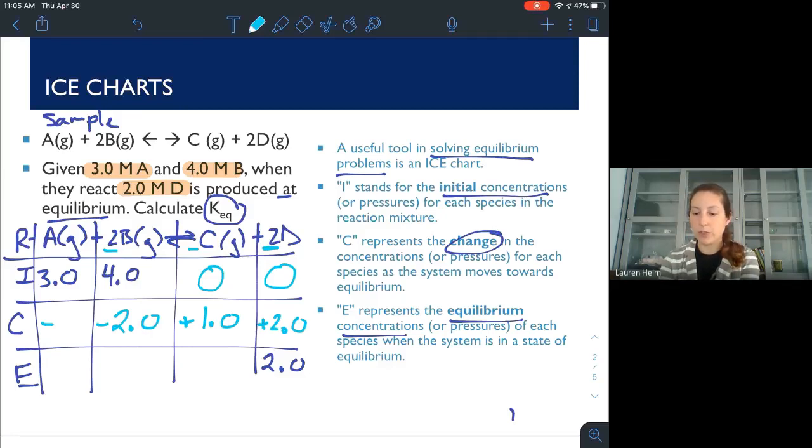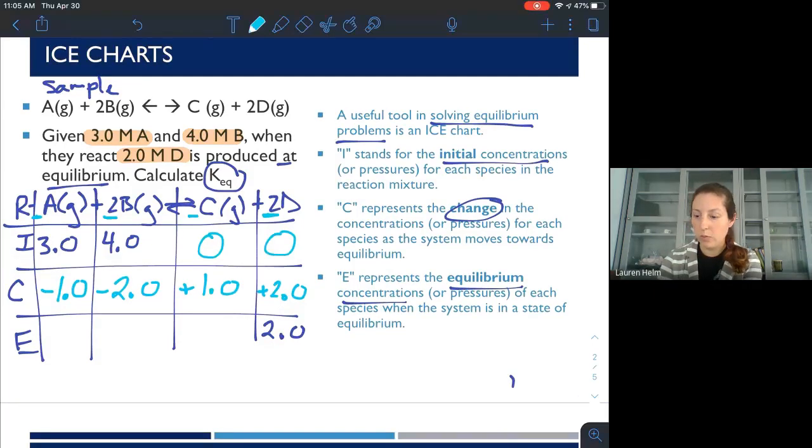If D has a coefficient of 2 and A has a coefficient of 1, again a 2 to 1 ratio, if D increased by 2, A would decrease by 1. So we use our coefficients in that mole ratio to extrapolate from the data we know.